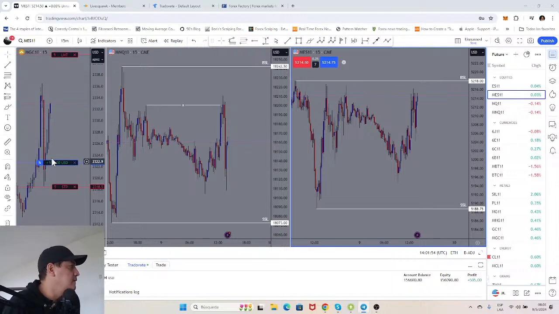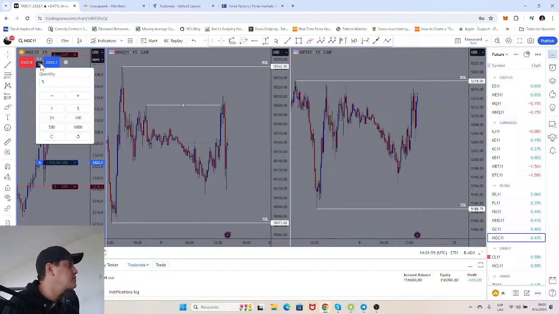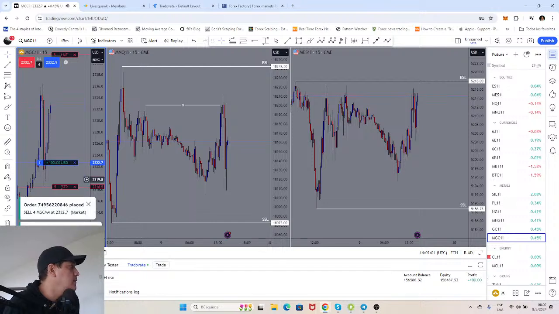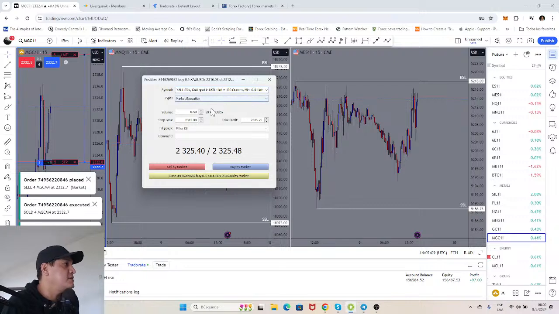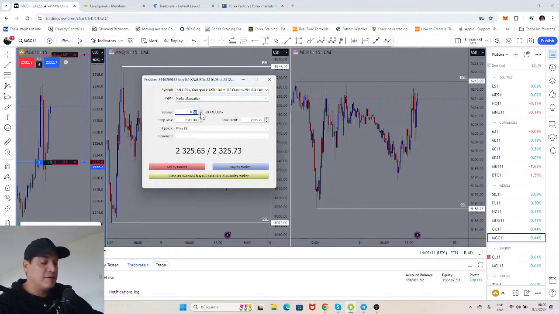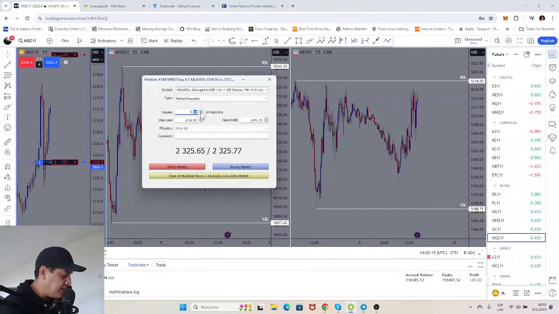Boom, 500. I'm gonna take 4 contracts off here. Sell, boom. Order filled, and I'm gonna move my stops to break even. So here on the signal, I shall take. I'm gonna do that from my phone actually because on the MT5 app, I can exactly know how much money I'm closing.